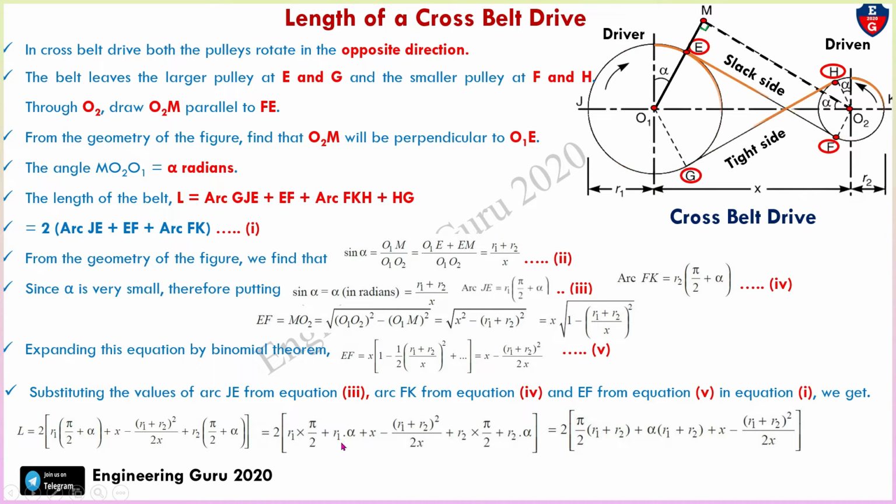Same, gather these two terms, r1 into alpha and r2 alpha, take alpha common. So we can simply write alpha into bracket (r1 plus r2) plus x minus (r1 plus r2) whole square divided by 2x. Now enter 2 in this bracket. So 2 cancels, and the equation would look like pi (r1 plus r2) plus 2 alpha (r1 plus r2) plus 2x minus (r1 plus r2) whole square divided by x.